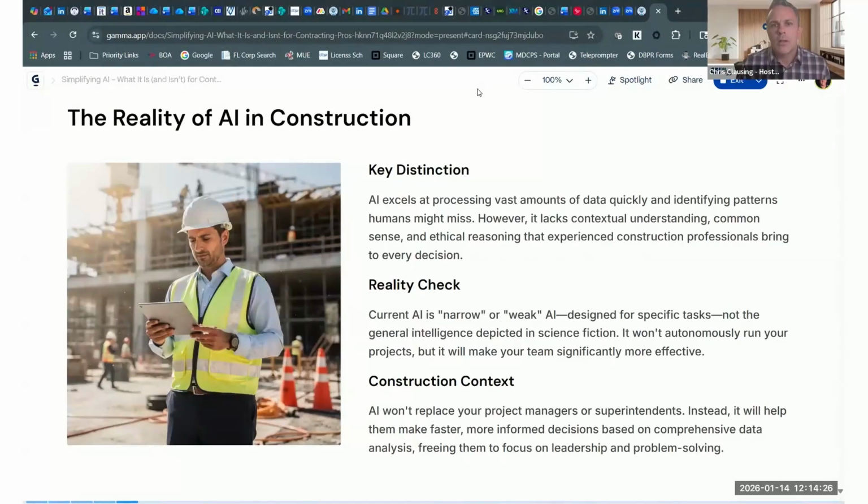So what AI is really good at, specifically for construction, is that it helps to analyze a large data set very quickly. As an example, let's say I've submitted 50 proposals over the last two years. Every RFP is a little different, every proposal has its nuance, and they all take a lot of time.